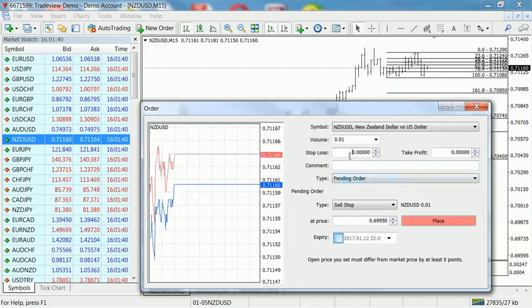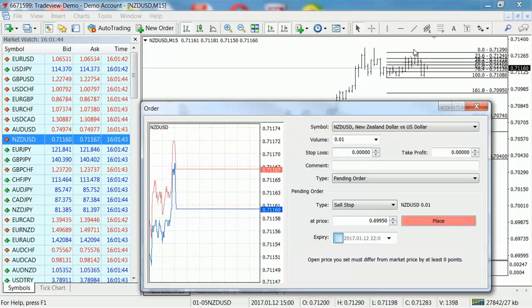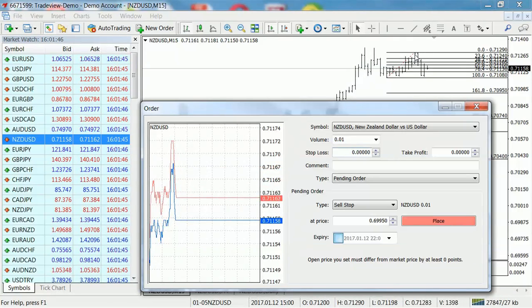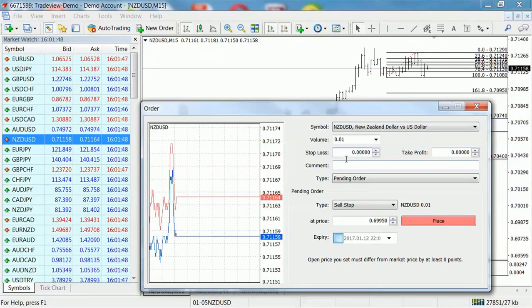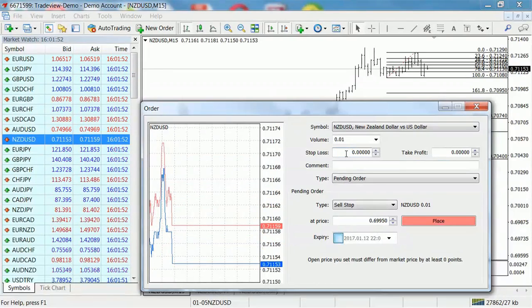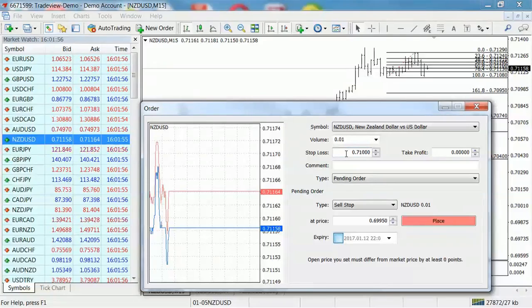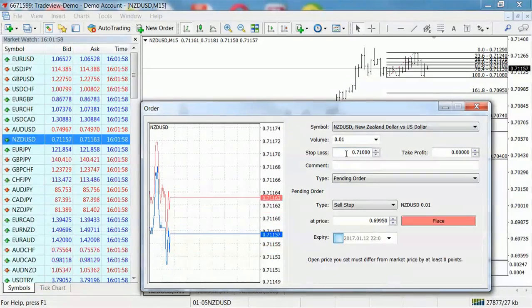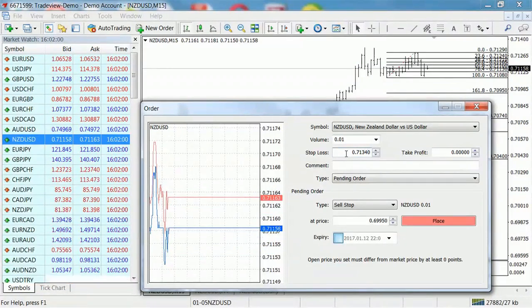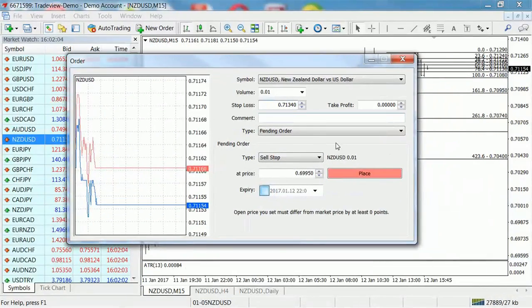But in any case, if you want to be safe and you're not comfortable, you can put 15 pips above the swing high. With a sell stop like 69.95, I'm going to put the stop at 71.34. My first take profit is 70.95.